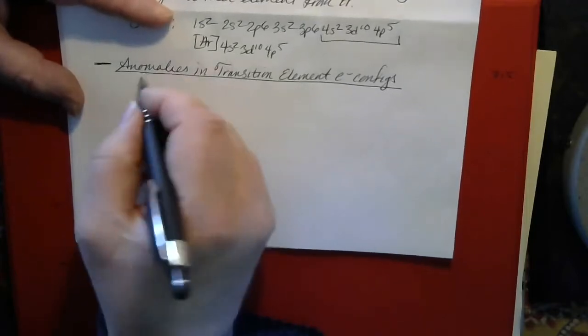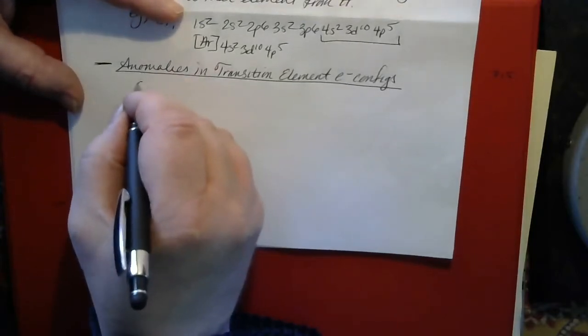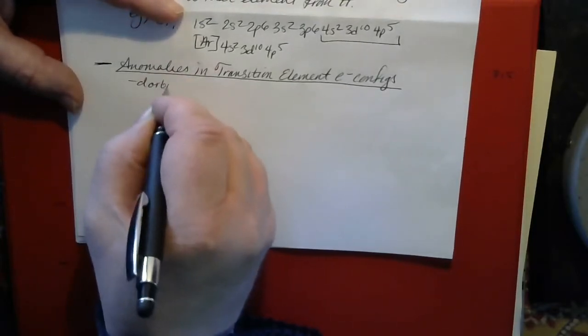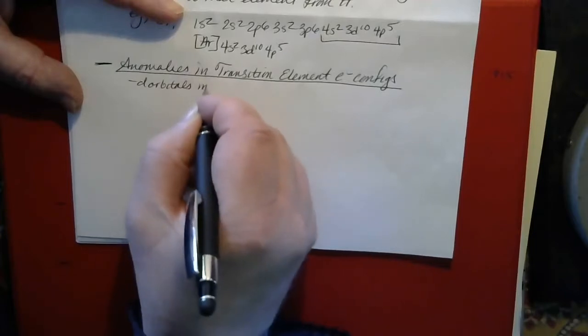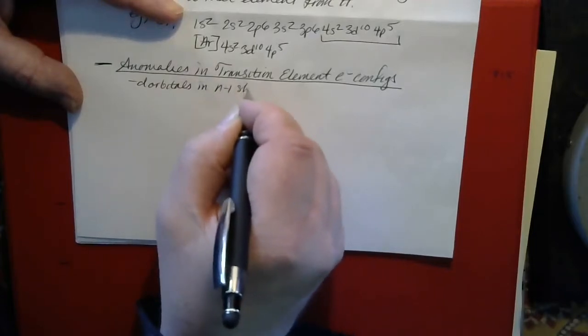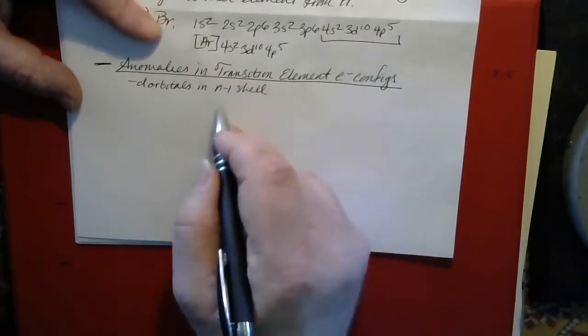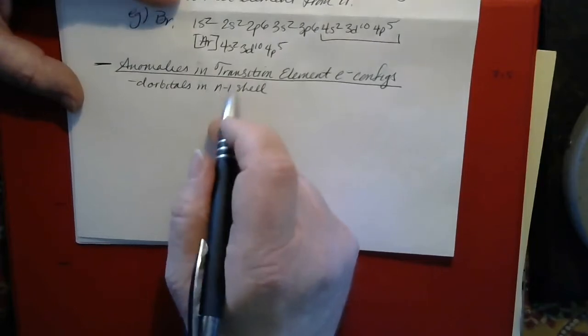When we're talking about transition elements, we're talking about d orbitals in a shell whose number is period number minus 1.